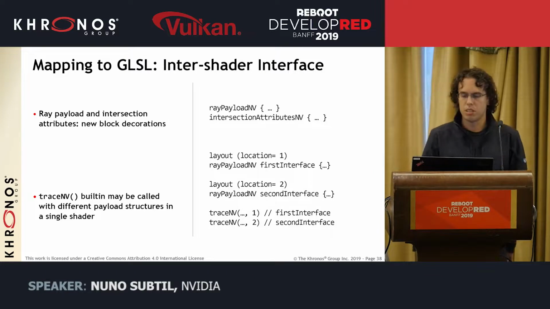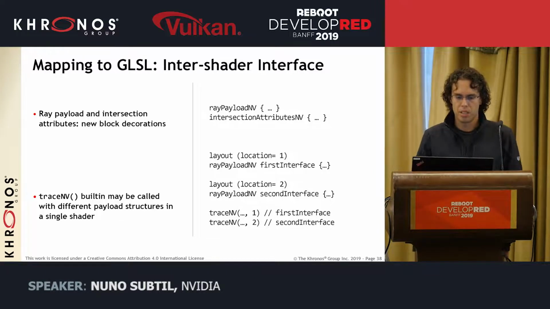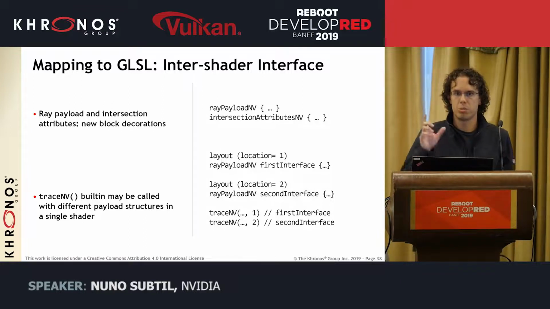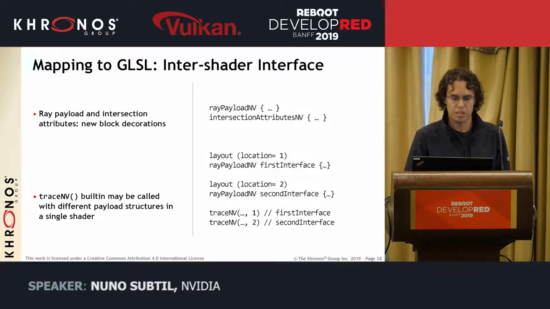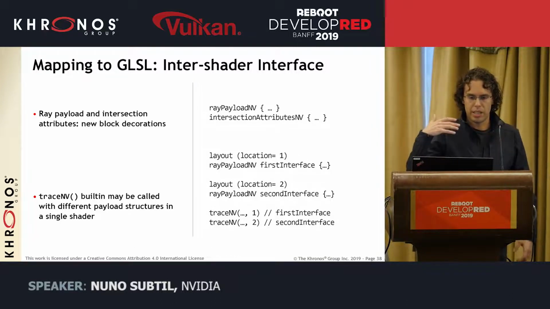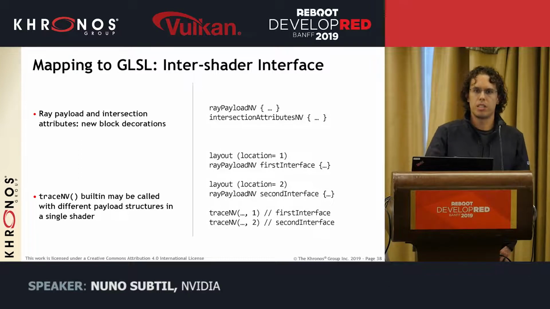So how does this actually look in GLSL? The ray payload and intersection attributes are new block decorations. So you declare global variables with these block decorations, and that's how you specify what your payload and intersection attributes look like, right? And so when you call trace, you're going to pass in a reference to a payload variable to be read and written by subsequent shader stages.